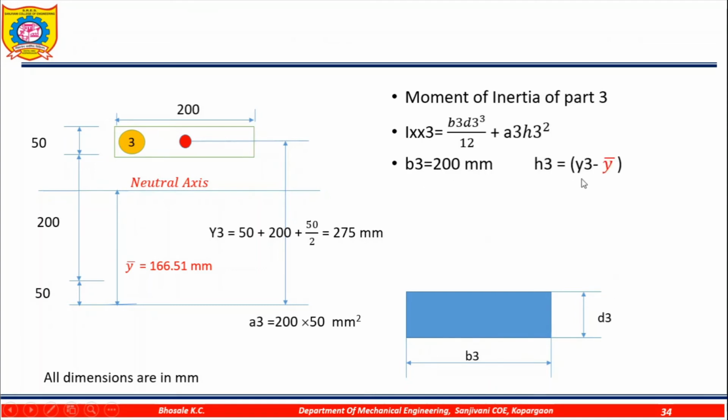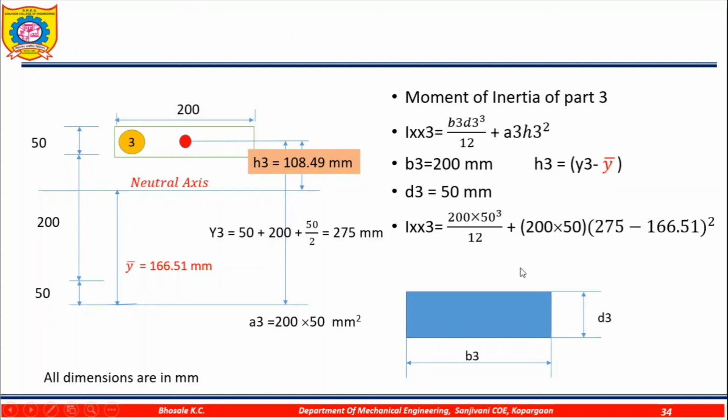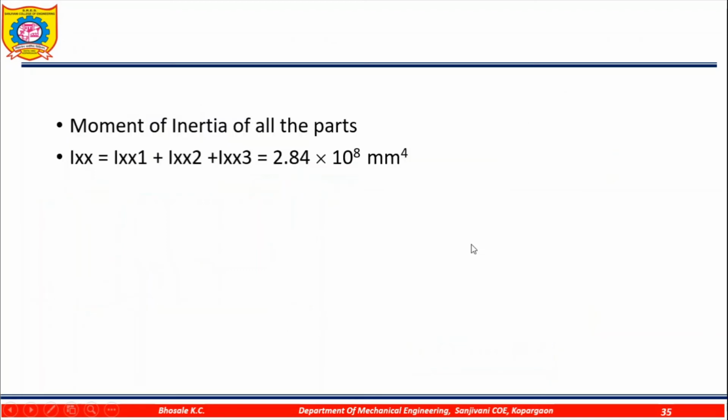B3 is 200, H3 is Y3 minus Y bar, D3 is 50, and H3 is 108.49 millimeter. We'll put in all the values and find the results. After that, we have to add all the moments of inertia to find the moment of inertia of all 3 sections, which is equal to 2.84 into 10⁸ millimeter raised to 4.